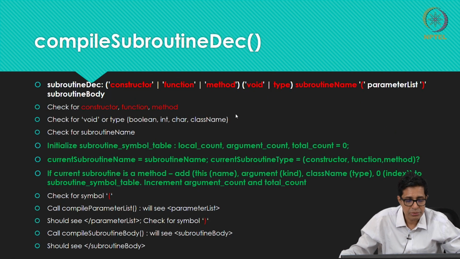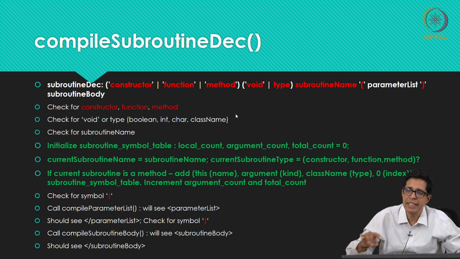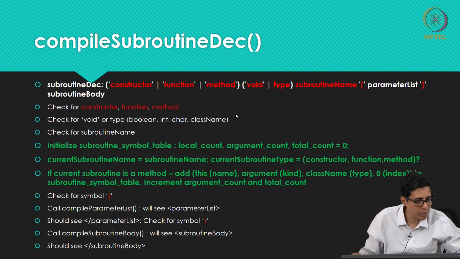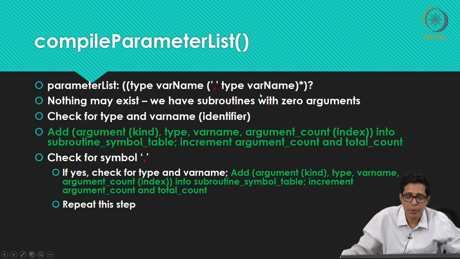So right. Whenever I say int i comma int j comma bool k, so i is integer, j is integer, k is a bool, right. So the parameter list is of this. So please see that there is a question mark here. The question mark essentially says that I need not have anything in the parameter list.